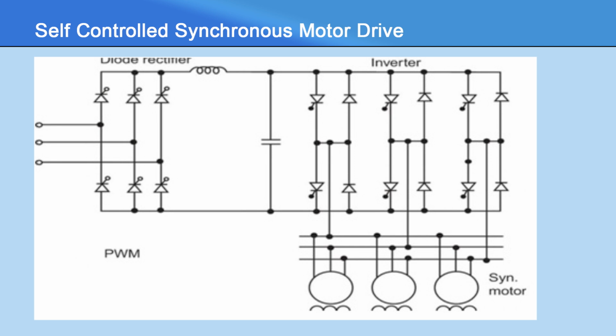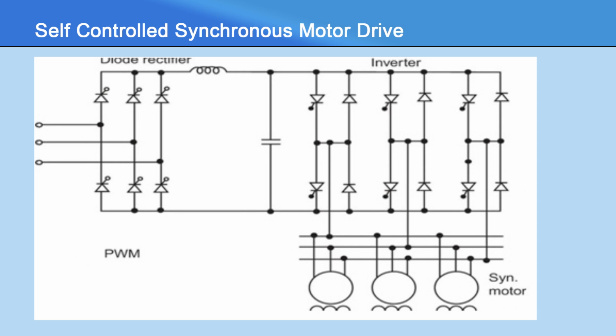A separate control of the inverter feeding a synchronous motor can also be used. In this case, the speed of the motor is determined from an external frequency obtained from a crystal oscillator as shown in the figure.